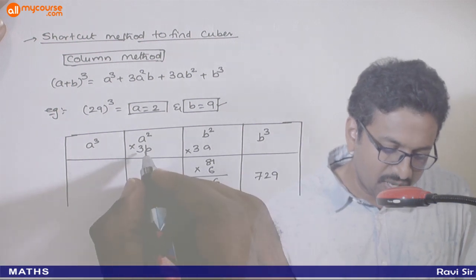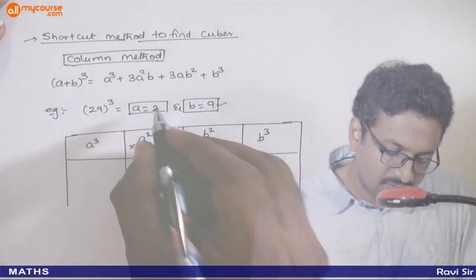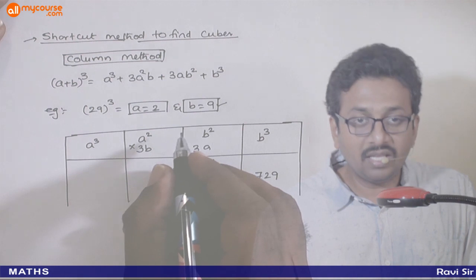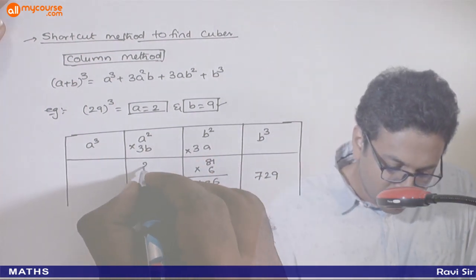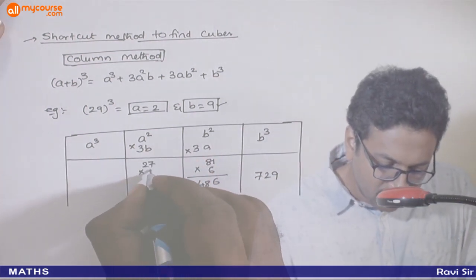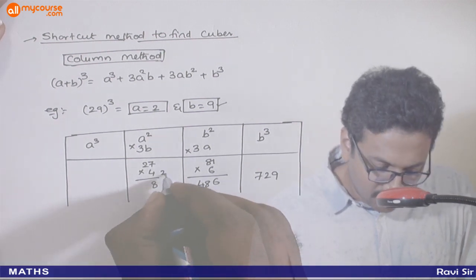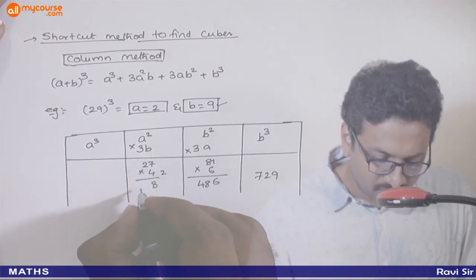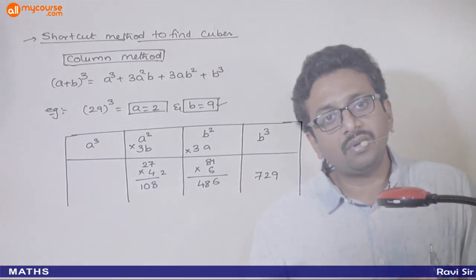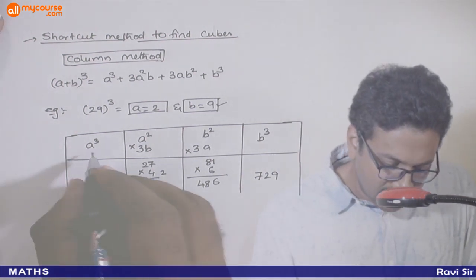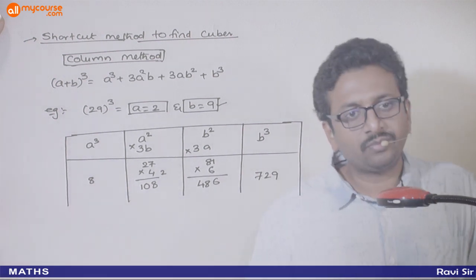Next, what is a square into 3b? 3b is 27, and a square is 4. 4 2s are 8, so you have 108. And lastly a cube is 8.